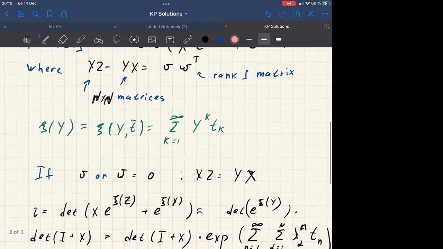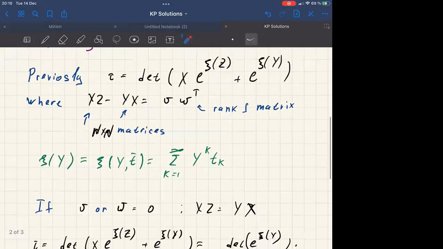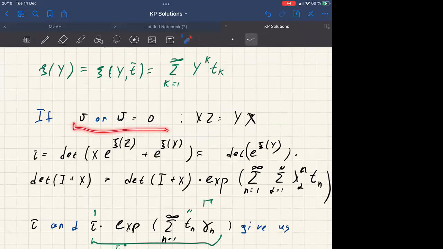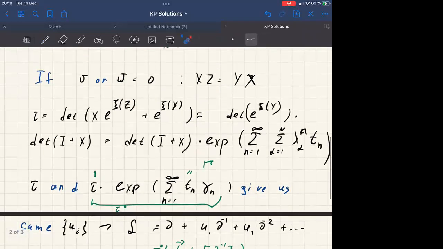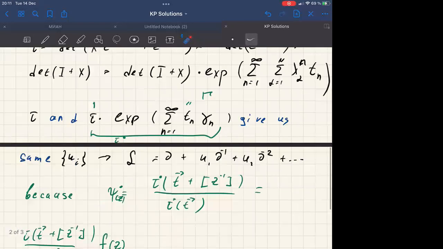And what I want to say is that if here we have these matrices, Z and Y with the intermediate matrices X, in this case this would be like a gauge transformation, and this will be an answer which does not depend on t, so that this will give us a trivial solution that all u equals to 0.